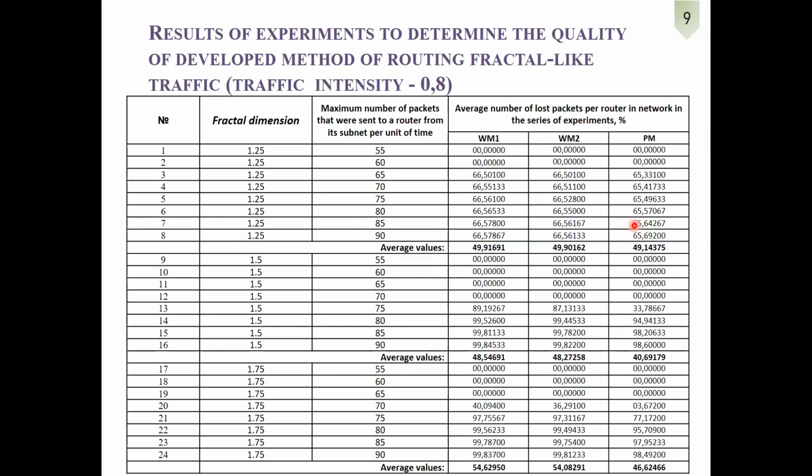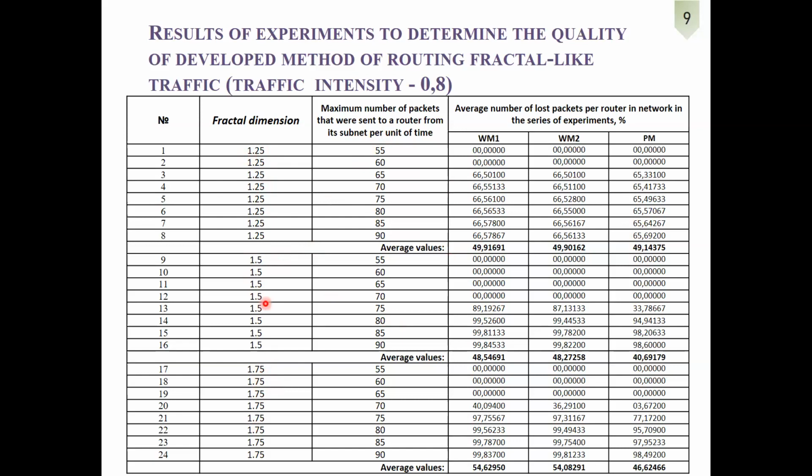And as results of the proposed routing method that was conducted, we have three fractal dimensions: 0.25, 0.5, and 0.75. The first is anti-persistent, where any tendency tends to change in the opposite direction.